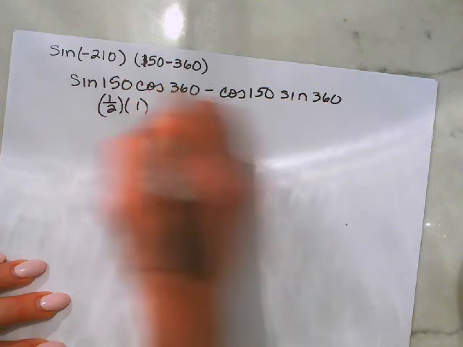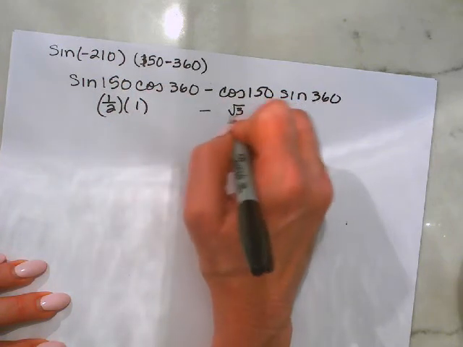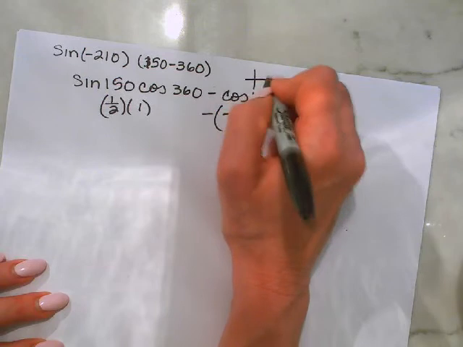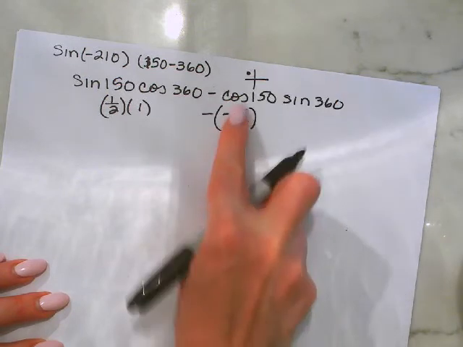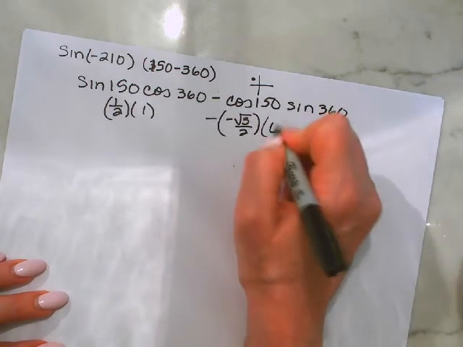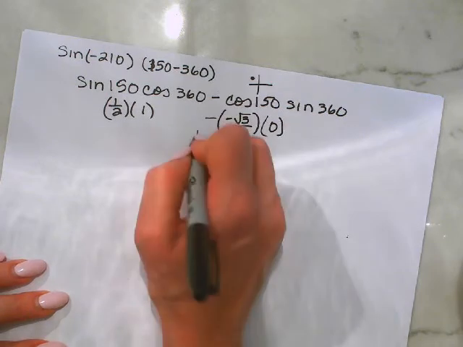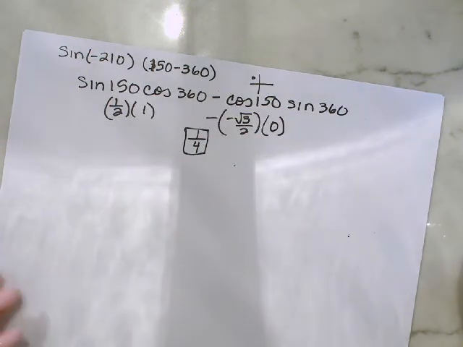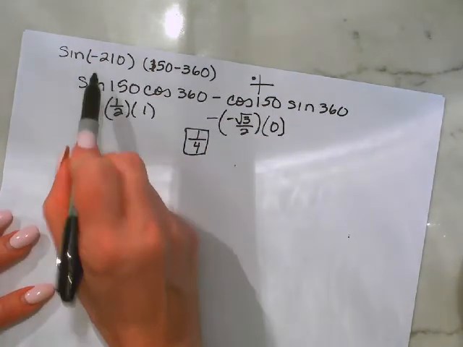And again, 1/2. The cosine of this is negative radical 3 over 2, because 150 degrees is in this quadrant and cosine is negative in that quadrant. Not that it matters because the sine of 360 is 0 and this whole thing cancels out, leaving me just 1/2.